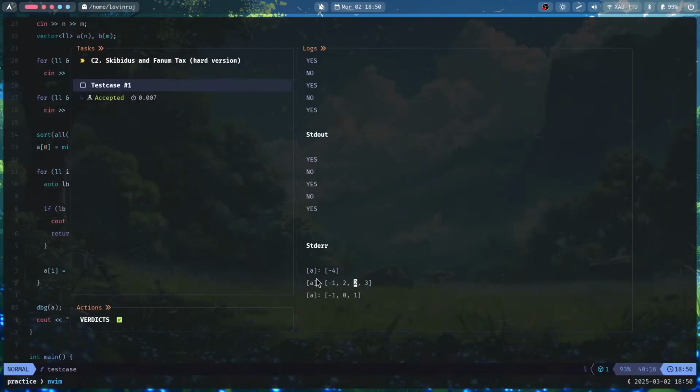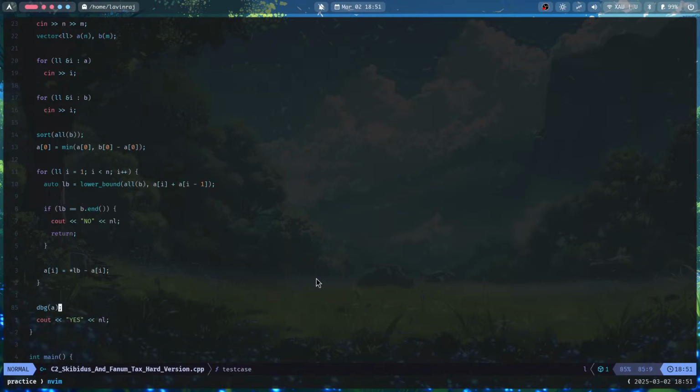Looks promising to me. Then what is the problem with you? Man, what is the problem with you? We didn't change any value in B, so everything should be fine.